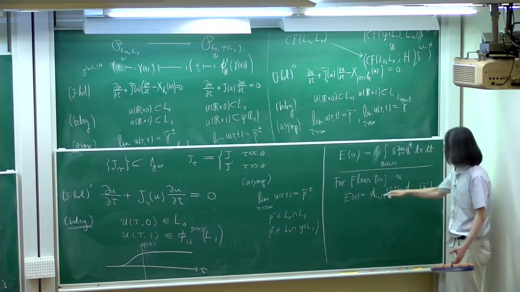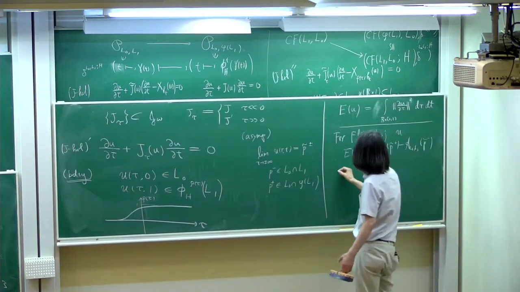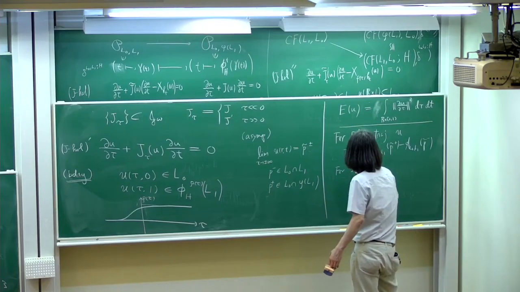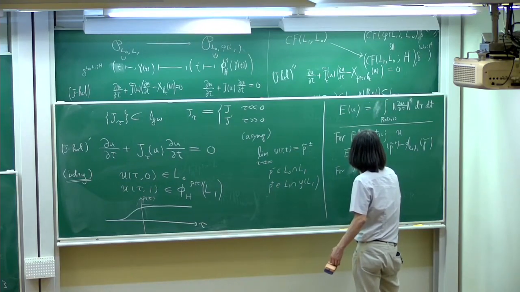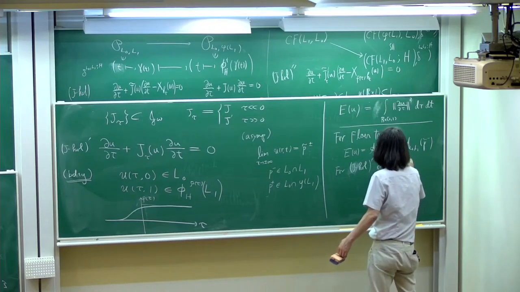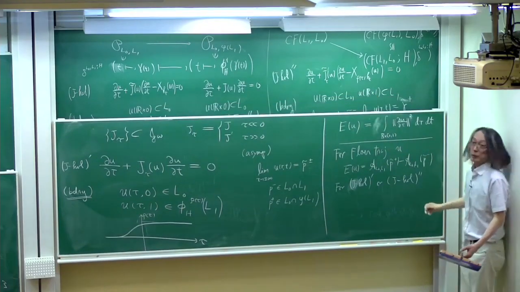So it is exactly this. But for these equations, for this J-holomorphic prime or J-holomorphic double prime, it is not the case.